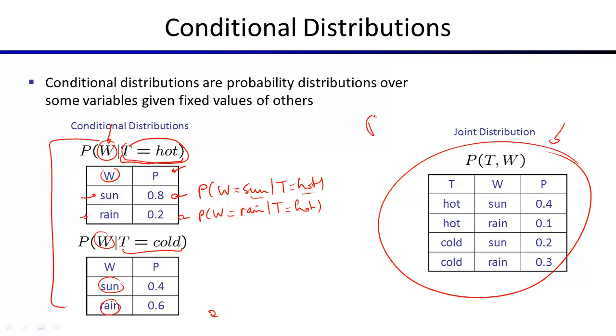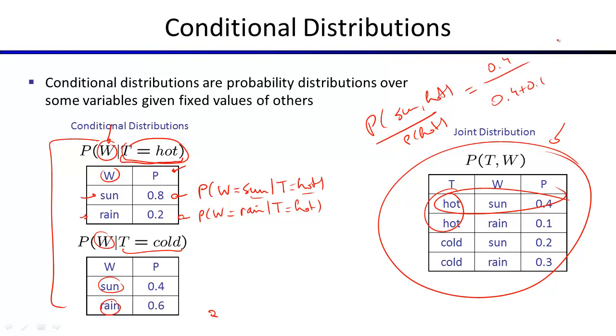Then we say, well, that's the probability of sun comma hot divided by the probability for hot, which is equal to sun comma hot here, 0.4, and then hot, these two rows, 0.4 plus 0.1, which is equal to 0.8, which is exactly this entry over here. So when we're given a joint distribution, we can compute the conditional distributions by computing each of these conditional probability table entries individually, one at a time.